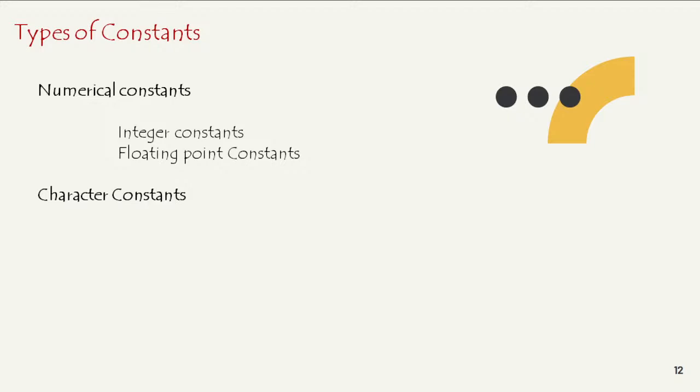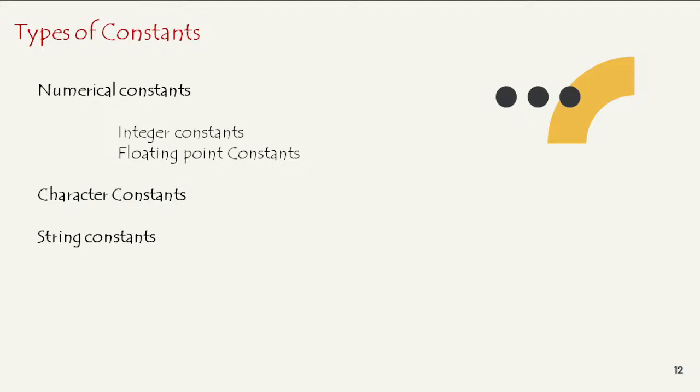When you give a character in single quotation marks, it implies that it's a character constant. Then what is the difference between a character and a character constant? When you say a particular character, it simply takes the value of the character directly. Whereas when you put a character constant, where we specify a character within single quotation marks, it takes its equivalent ASCII value. That is the difference between a character and a character constant.